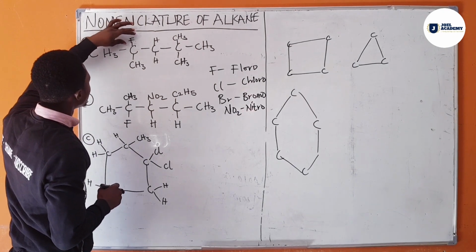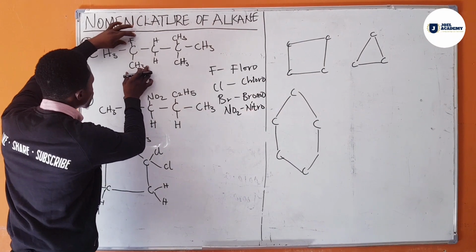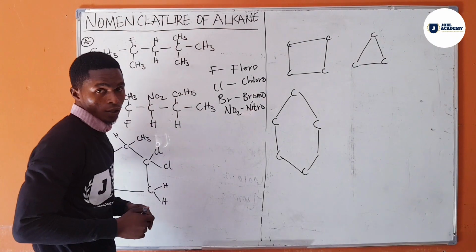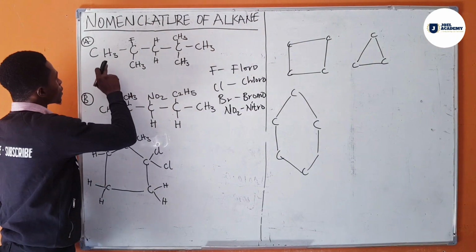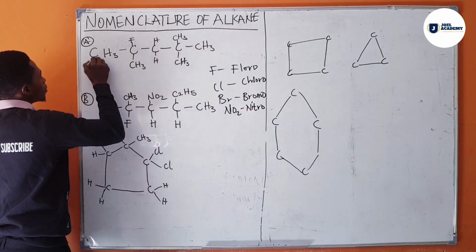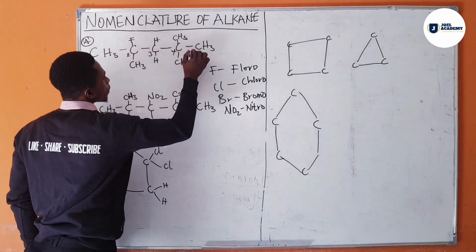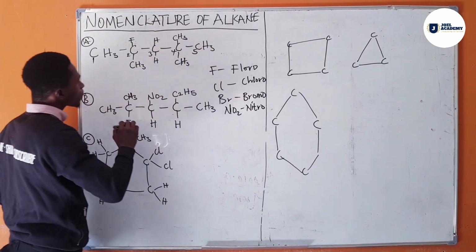So we have to take our numbering from this part to give preference to all these substituents so that they will have the lowest number. So we give numbering as 1, carbon number 2, 3, 4, and then 5.